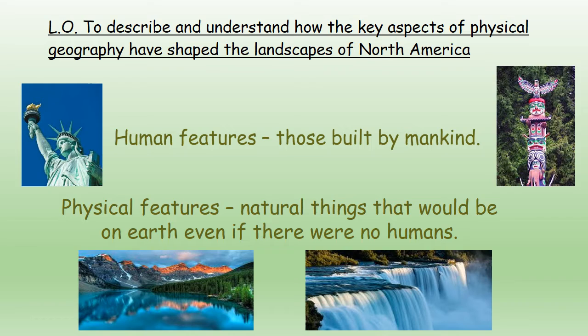Human geography means created by man, like the Statue of Liberty or totem poles, and the physical features are the natural features, like the Rocky Mountains or Niagara Falls. Today, we're going to be looking more closely at the physical features that have shaped the landscapes.